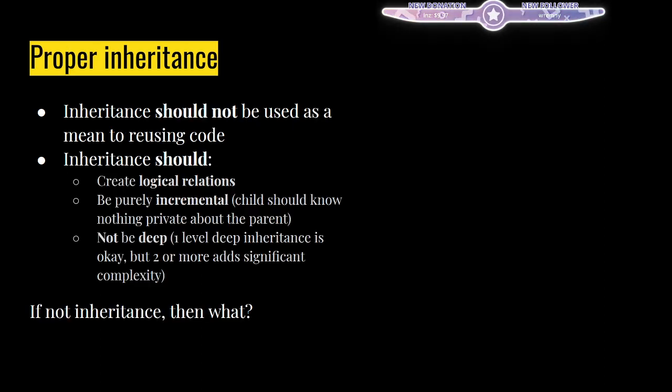Proper inheritance is fine on second thought, but inheritance by itself should not be used as a means of just reusing code. It has a bigger meaning. Inheritance should be used in order to create proper logical relations. Things logically need to be the things that they are.